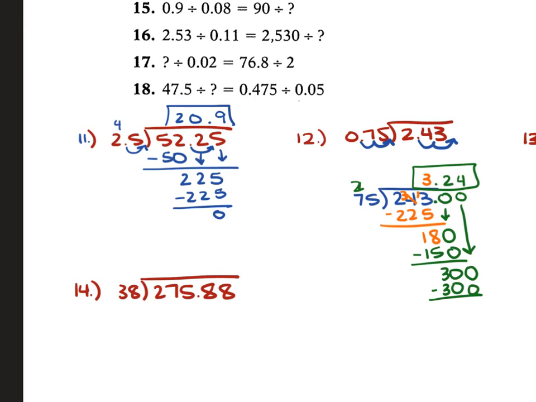I know it's 3 times 9, but that is really close. It's too close. So then I think 8's lower. However, if I did 8 times 8, that's 6 in the tens place. If I then add that 6 to the 24, when I multiply the 8 by 3, it's going to give me 28. That's too big. So let's try 7. 7 times 8 is 56. 7 times 3 is 21, plus 5 is 26.